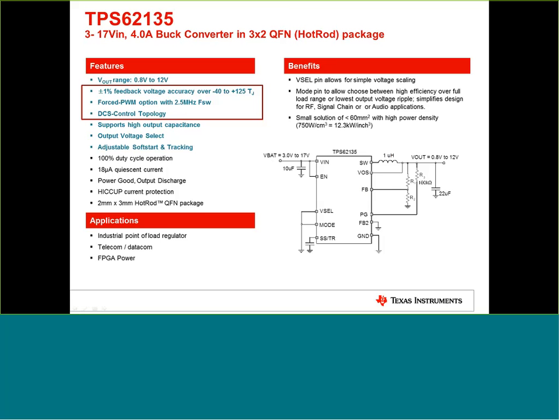Besides that, this device can support high output capacitance, and we have additional features like output voltage select. So if you need different output voltages, you can change between two output voltages on the fly during operation. We have adjustable soft start and a tracking function, as well as 100% duty cycle operation, overcurrent protection, and as well power good and output discharge function.